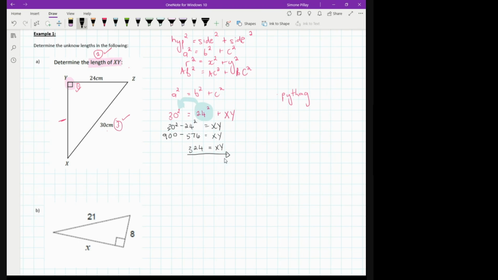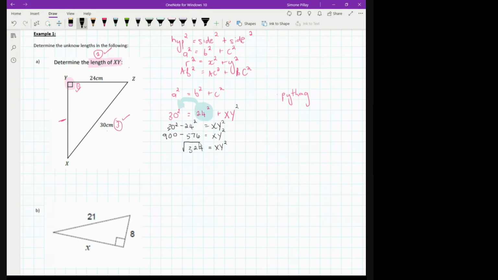And then we say, since XY is squared, ma'am. You're so right. You're so right. And I was actually about to ask you, are we done? Let's all be very mindful and not do what I just did. So yes, now this is squared, yes. So the square root of 324 is 18. XY is equal to 18.